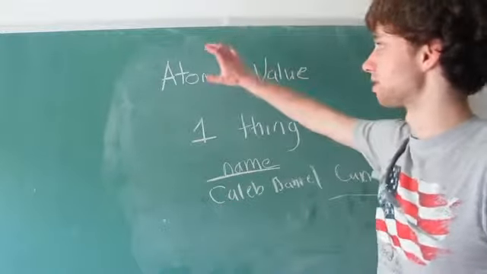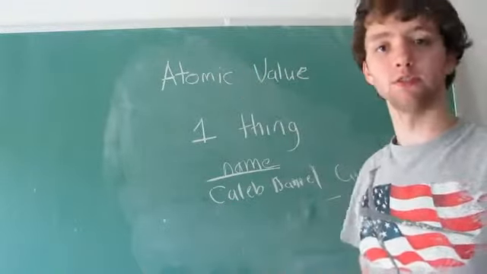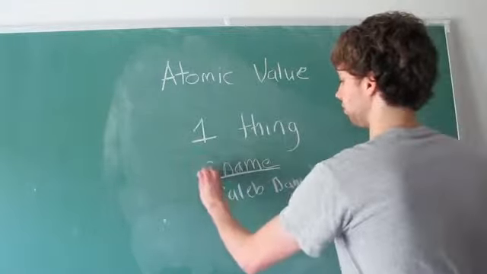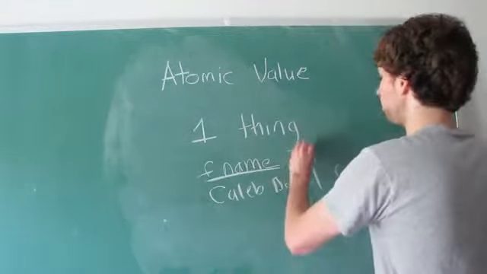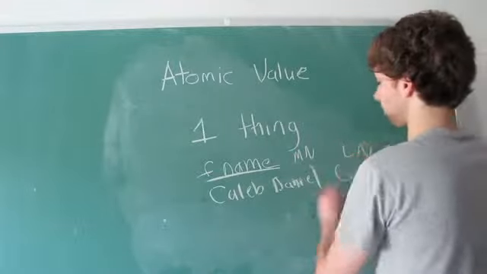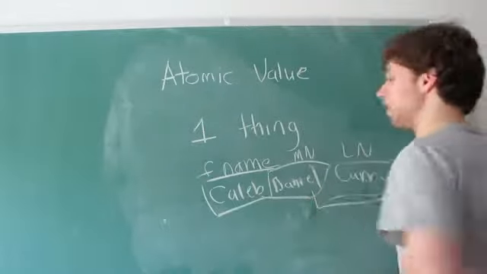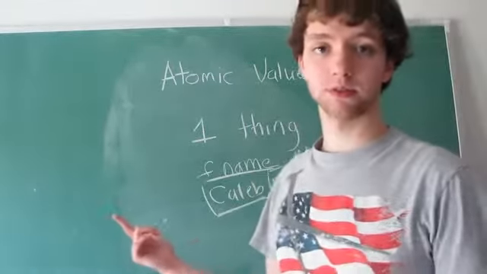So if we wanted to make this atomic, the best thing to do for database design would be to break this up into first name, middle name, and last name. So now we have Caleb, Daniel, great. Three separate names. Right?